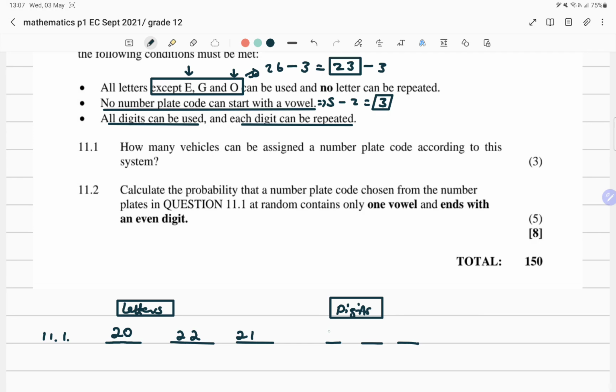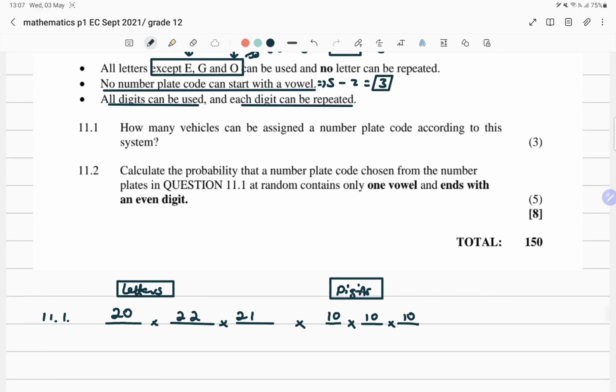Now let's look at the digits. They are 10. So we can repeat. So technically here there are no limits. So all we do, we multiply these things.